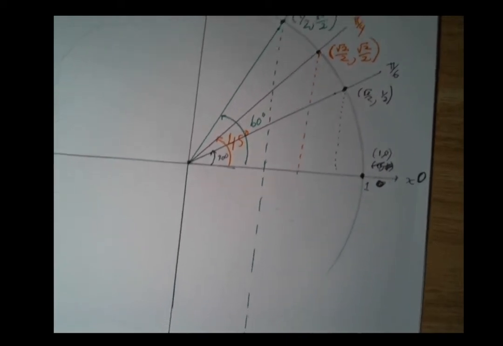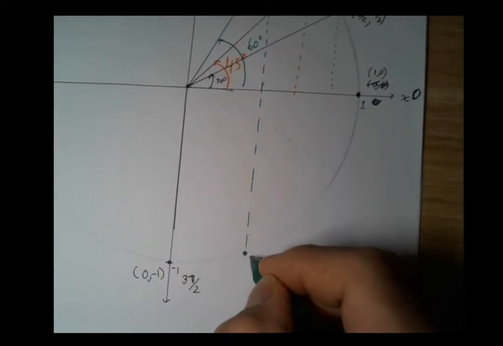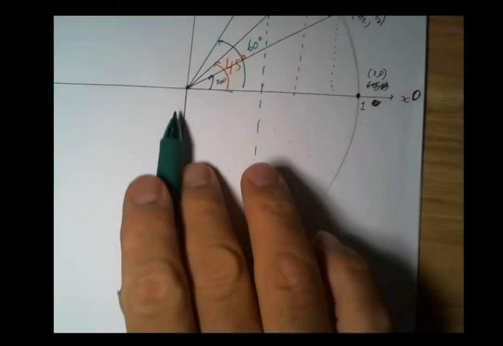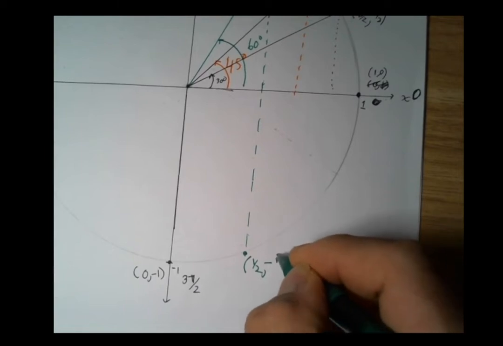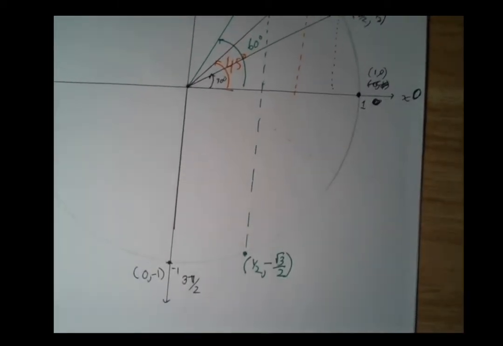All I have to figure out is that in this quadrant, the fourth quadrant, the x-coordinate is still positive, but now I'm below the x-axis, so the y-coordinate is negative. It's symmetrical, so I know the values. I just need to change the positive or negative sign.